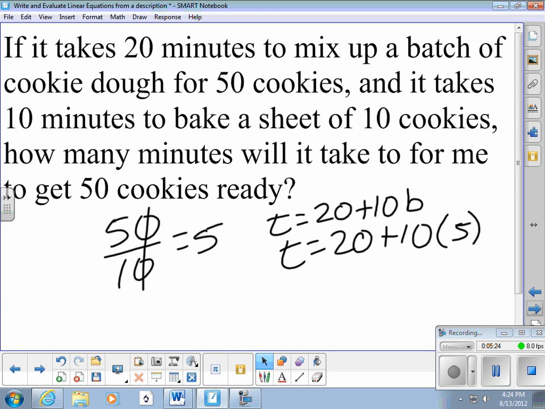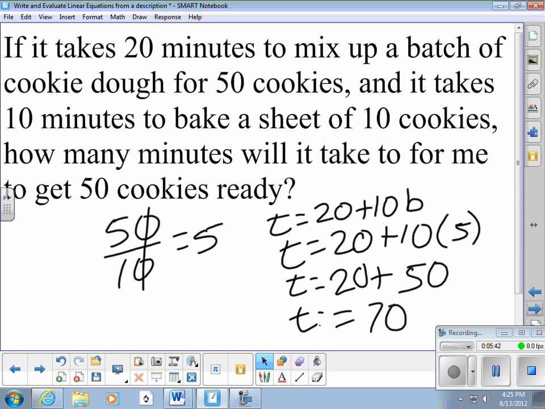Five batches. Let's evaluate that for 5 batches. 5 batches at 10 minutes each would be 50 minutes, plus the time to mix it up, total time of 70 minutes.